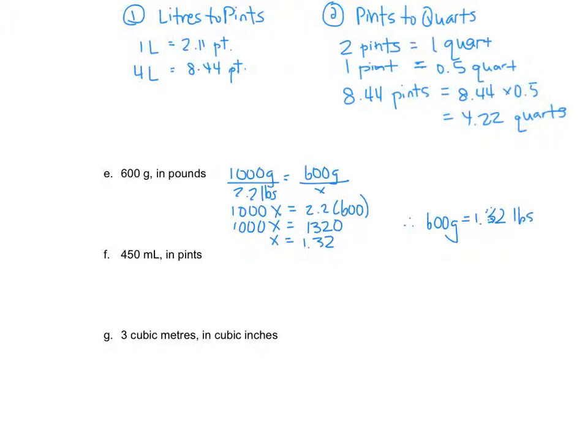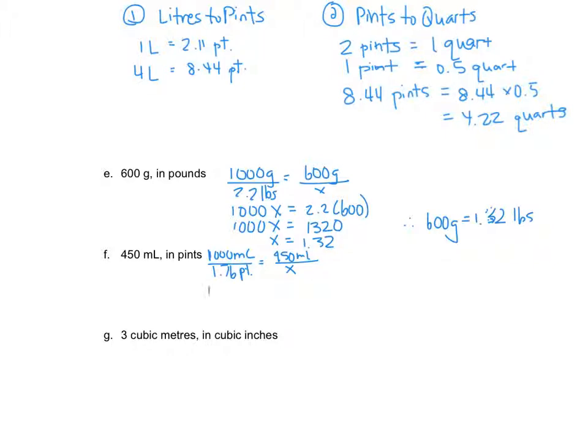Okay, now converting 450 milliliters into pints. So once again, my conversion for milliliters to pints tells me that 1,000 milliliters is the same as 1.76 pints. So on the other side of my ratio, if I have 450 in the numerator, then I can put x in the denominator and convert that into pints.